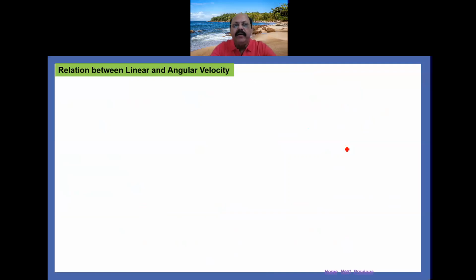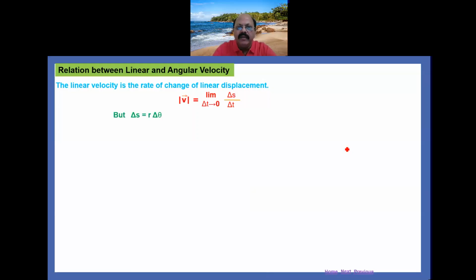Now we find out the relation between linear and angular velocity. The linear velocity is the rate of change of linear displacement. So we can write mod of v vector equals limit delta t tends to 0, delta s upon delta t. And from the figure you can see that delta s equals r delta theta, by simply using the formula of angle equals arc upon radius.